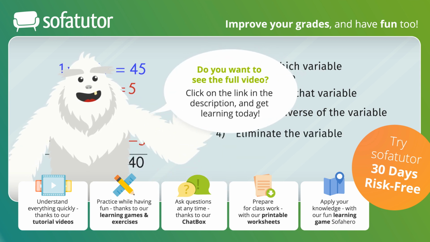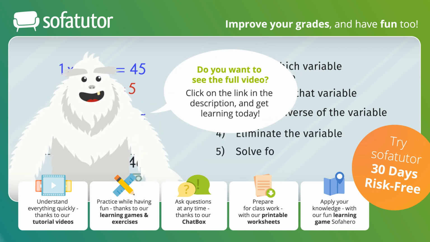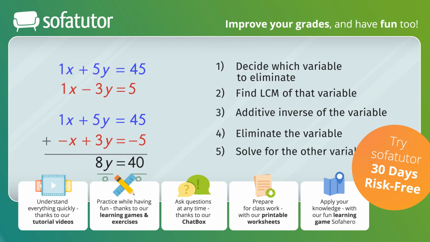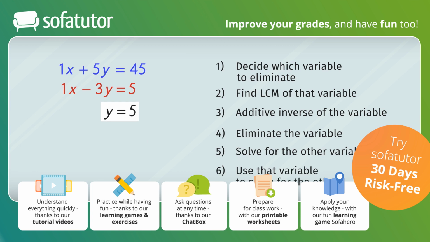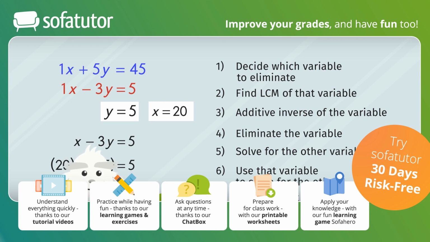Now that we've eliminated the variable x, we can solve for y. Use the solution for y to substitute and then solve for the variable x. Remember, always check your answers. You should end up with the same solution, regardless of which equation you use.